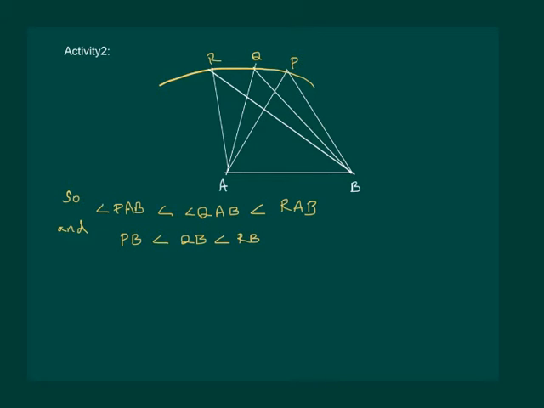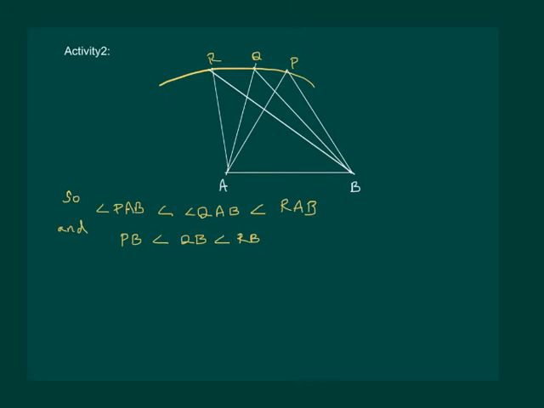So we have angle PAB is less than angle QAB, which is even less than RAB, and also PB is less than QB, which is less than RB.